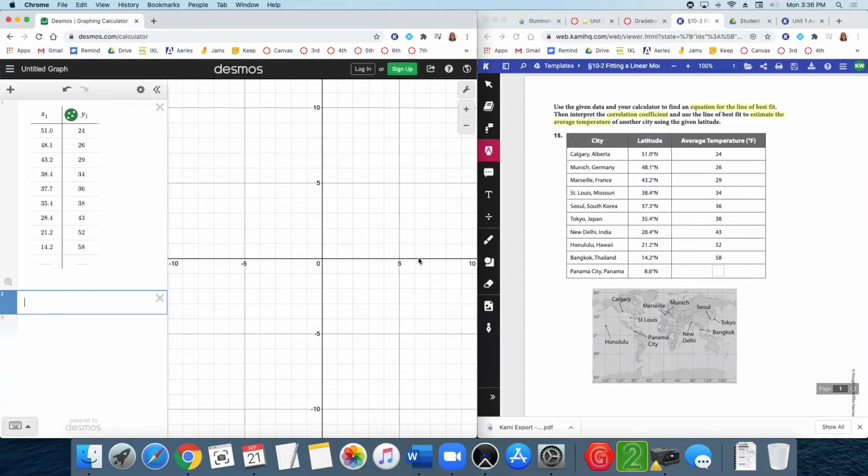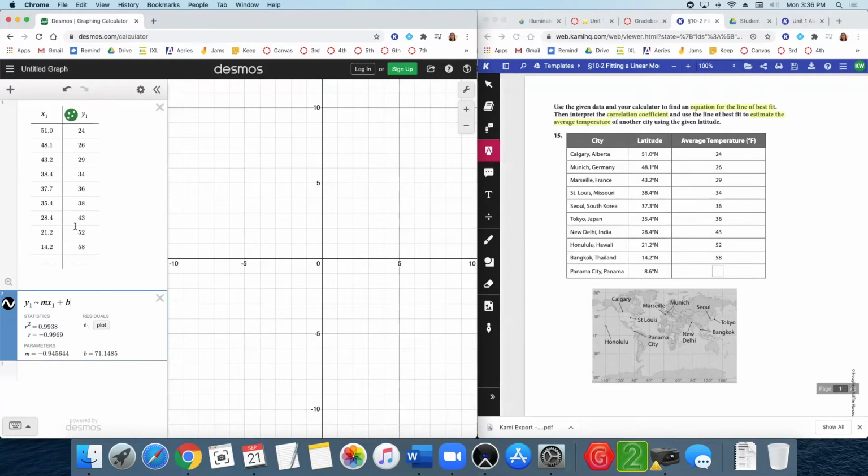To type that in, we type y and then the number 1. It'll automatically make it a sub 1. Then we type a tilde, which is shift and the button next to the number 1 button on your keyboard. M, then x1 plus b. So we have some values here. We'll talk about these in a few moments.